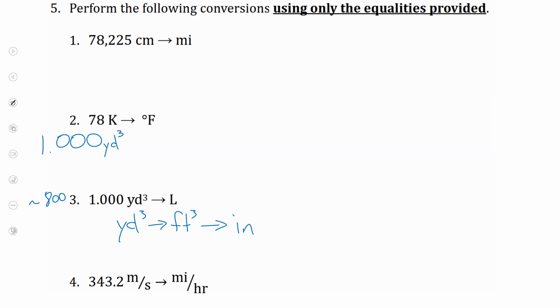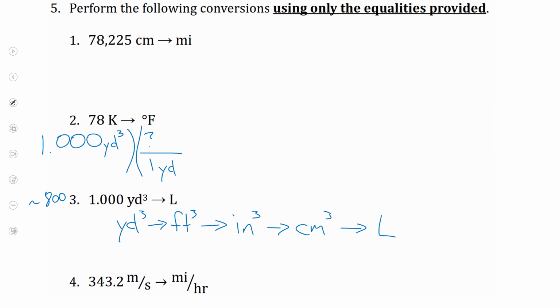We know we can go from feet to inches, which means we can get to centimeters cubed. And we know that a centimeter cubed is a milliliter, right? So once we get to centimeters cubed, we can go to liters, because that's on your conversion sheet too. So there's our roadmap.